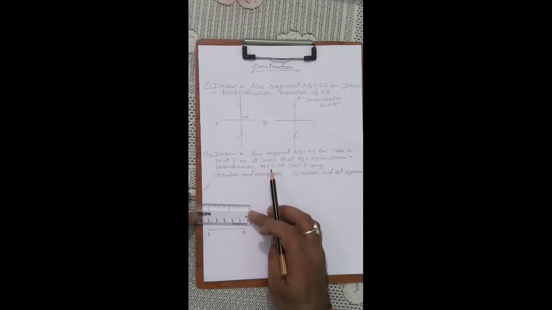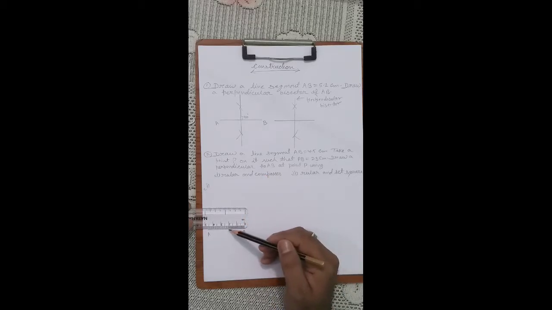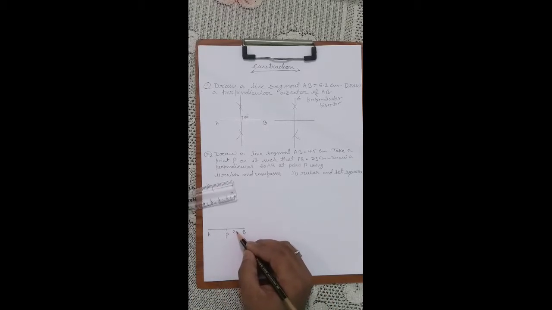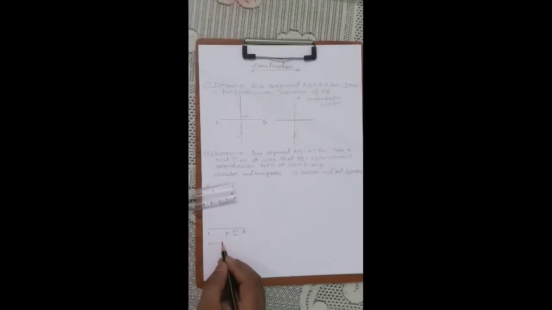That means from B we will measure 2.3 centimeter. See this one. This is 2, 1, 2, 3, the small divisions. So this point is 2.3 and we will name it P. Understood?